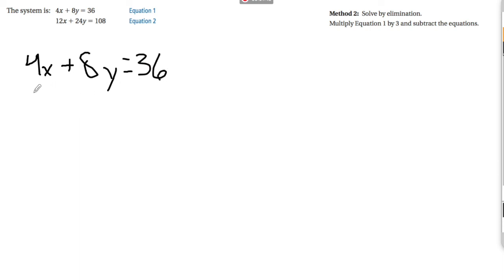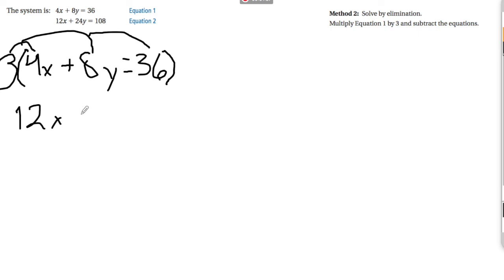If we multiply this by 3, using our distributive property, we get 12x plus 24y, since 3 times 8 gives us 24y, and 3 times 36 is 108. So after we distribute, we have 12x plus 24y equals 108.